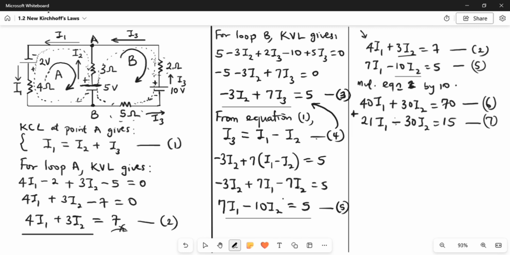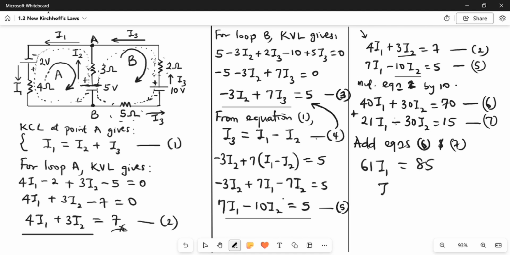So if we add equations 6 and 7, that will give us 40 plus 21 is 61I1, plus 30 plus minus 30, which is like saying plus 30 minus 30, which is 0. So 70 plus 15 gives us 85.